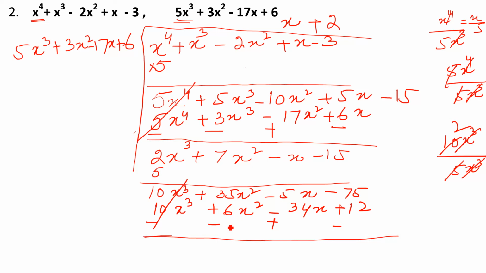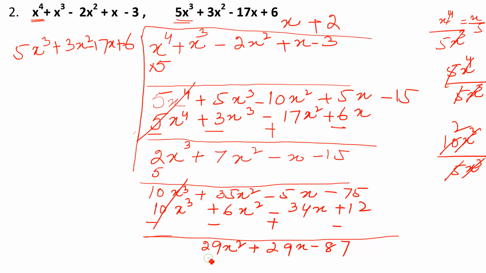So it will be 29x square plus 29x minus 87. Right? So this is x square now, and this is x cube. It means we cannot solve it further because the power should be equal to or greater than the first term. So it is less than, we cannot proceed further.